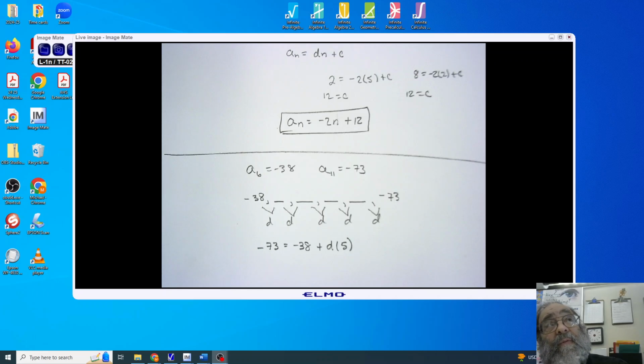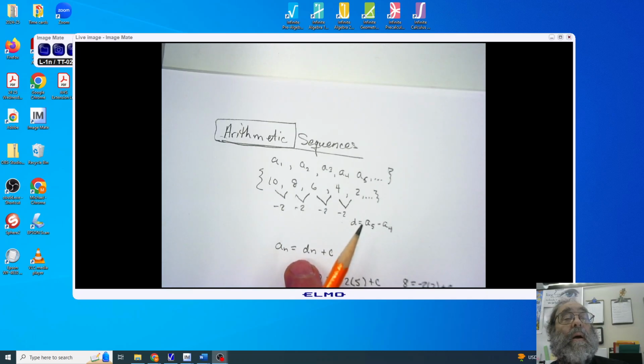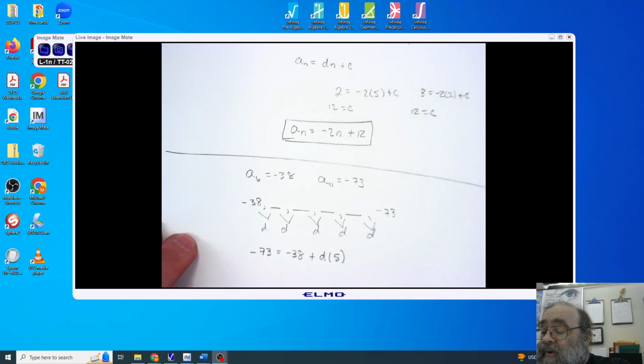I am now going to find my common difference so that I can then apply that common difference in between each value and thus find the intermediates. If I have my common difference, I can then figure out my rule using the same method that I did up here. So let's go ahead and first figure out what that common difference is. We are going to add 38 to both sides.